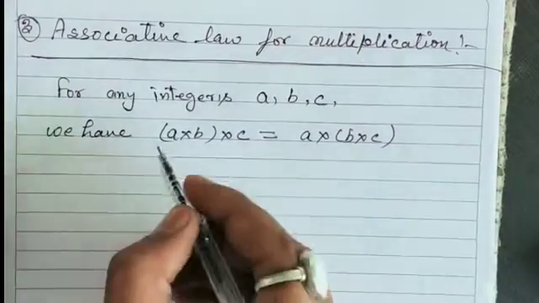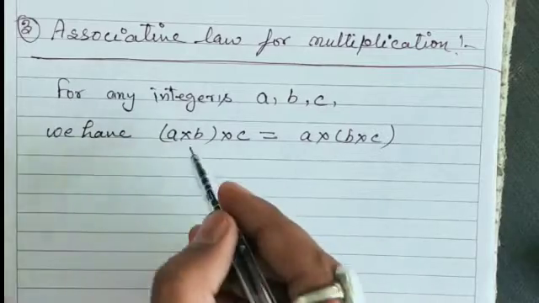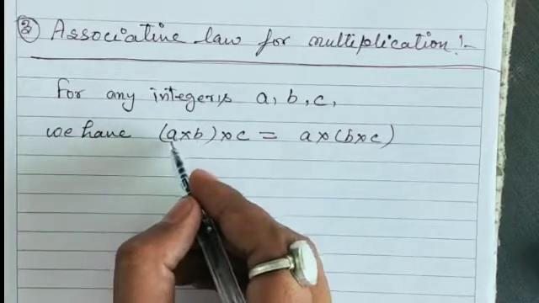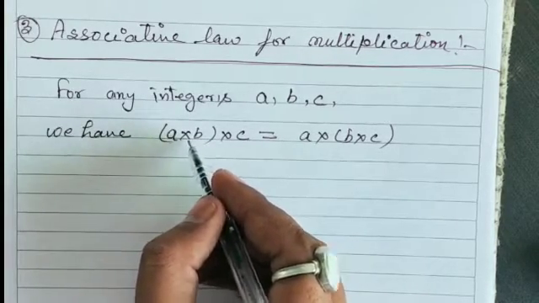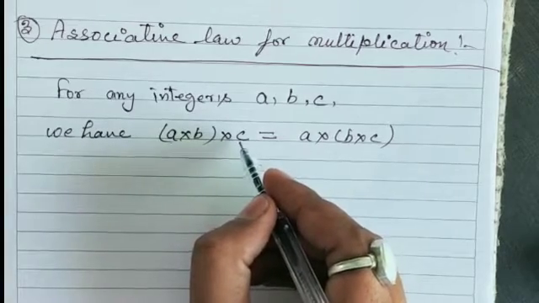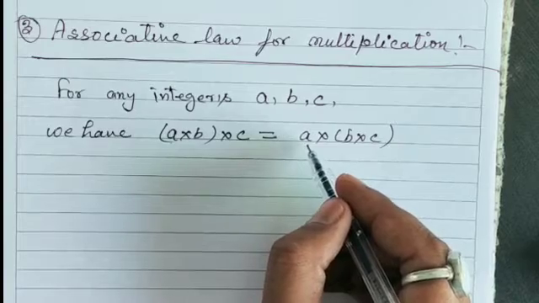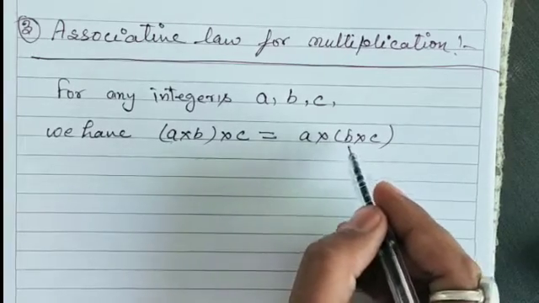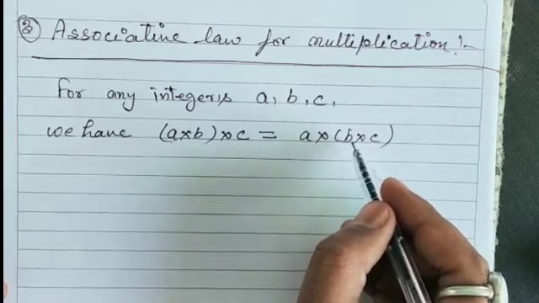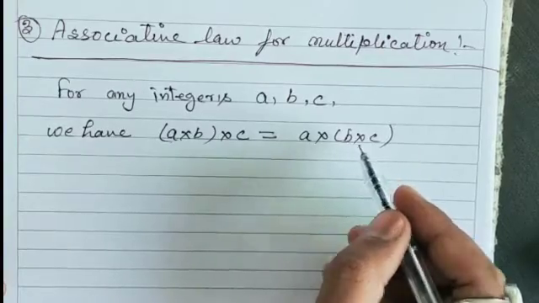It is clarified that in LHS we take a and b in one bracket and the rest c, and it is equal to, we leave a and take b and c in a bracket. Okay, so we can take an example.